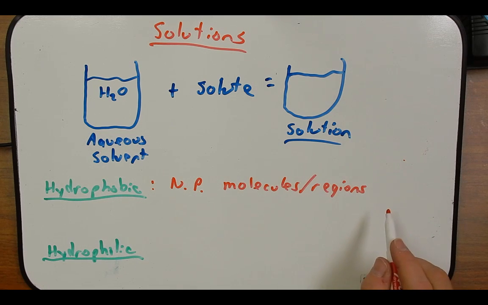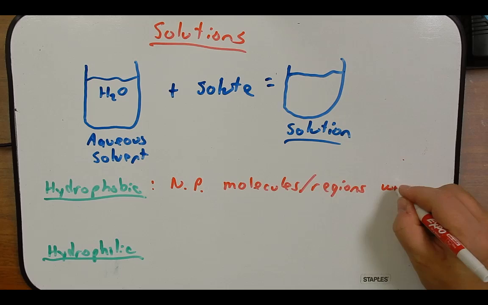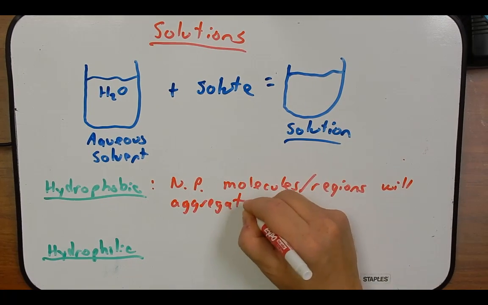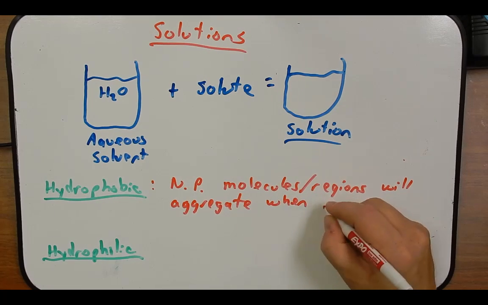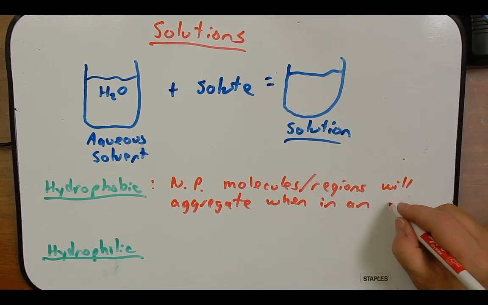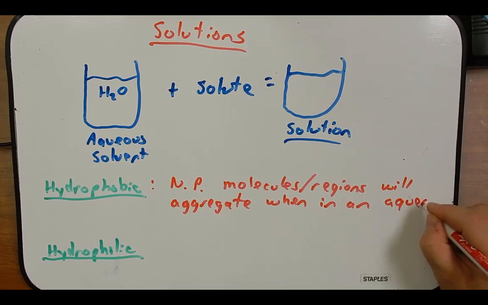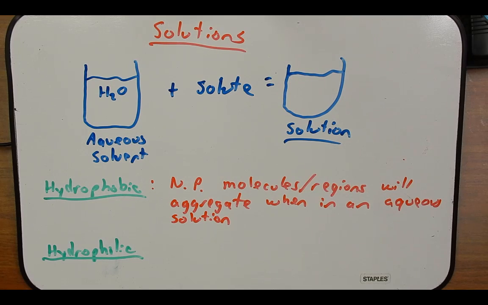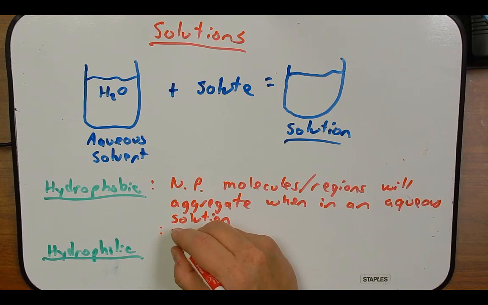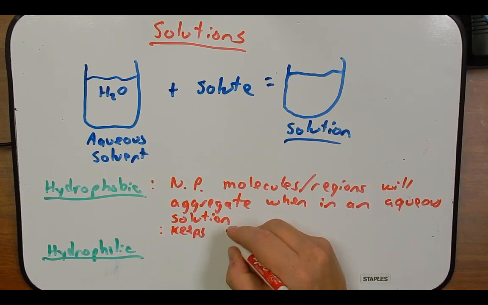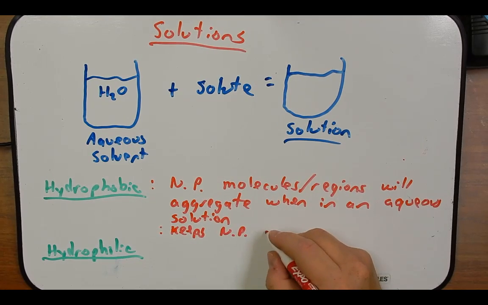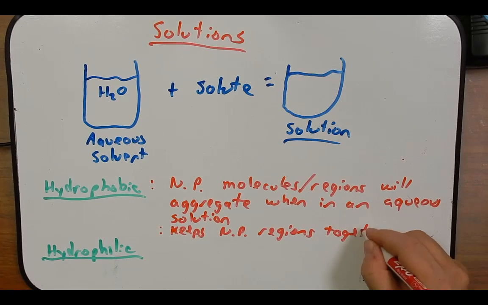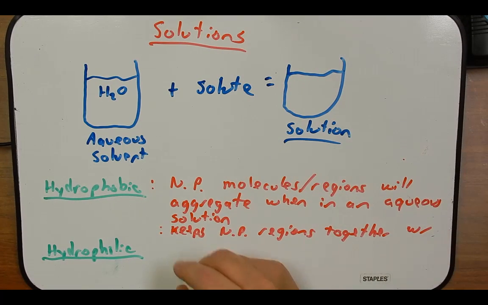So when these nonpolar molecules or regions aggregate with each other when in an aqueous solution, in essence, what this does is it keeps the nonpolar regions together with water surrounding it.